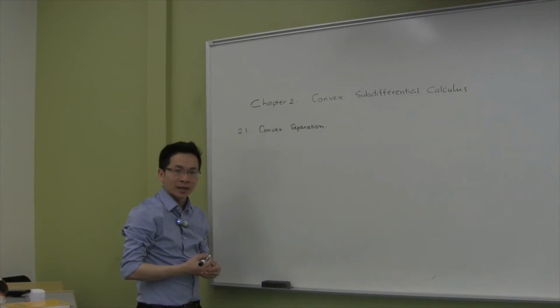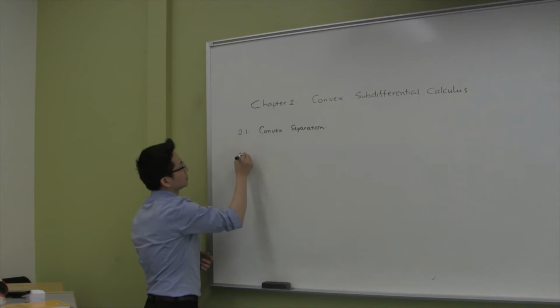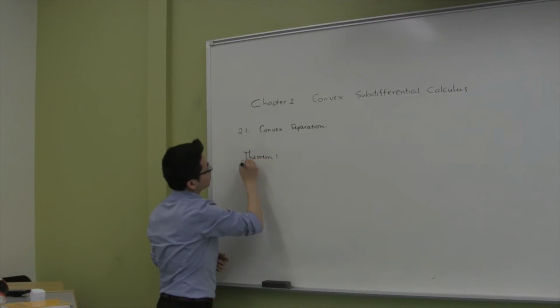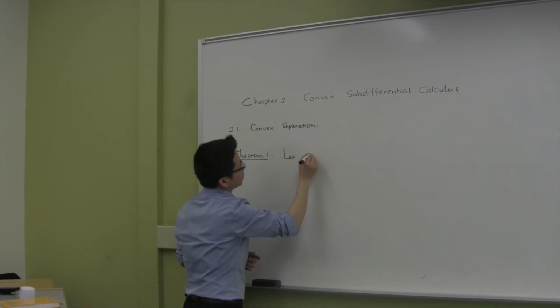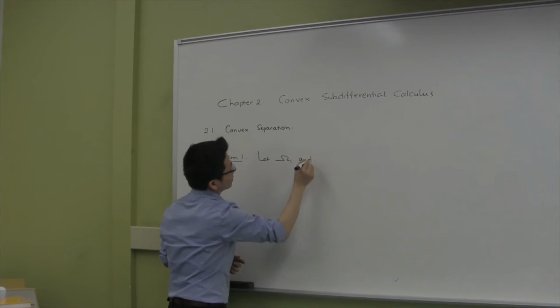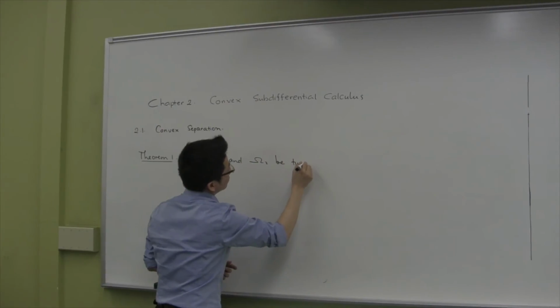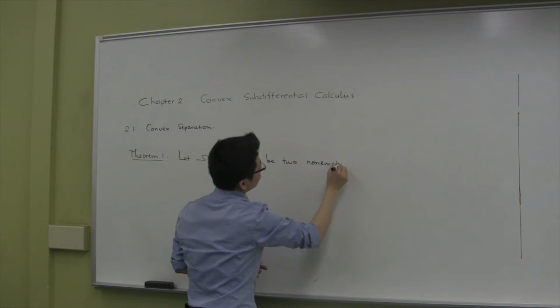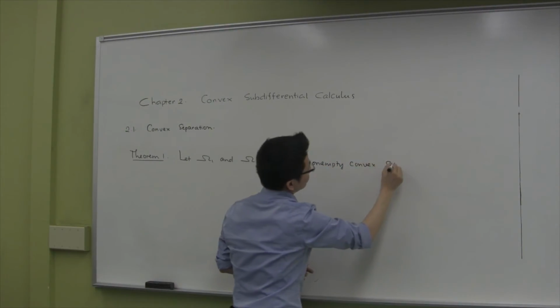Now, I'm going to go ahead and prove a part of the main theorem of this section. So this is theorem 1. Let omega 1 and omega 2 be two non-empty convex sets in Rn.